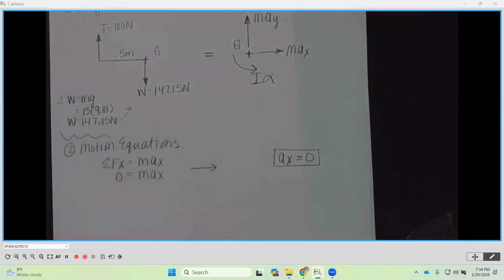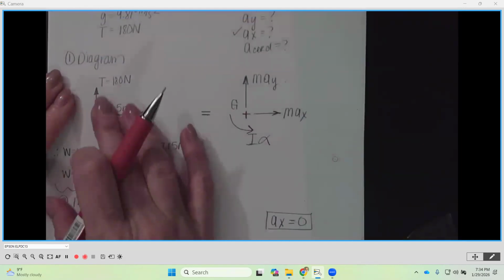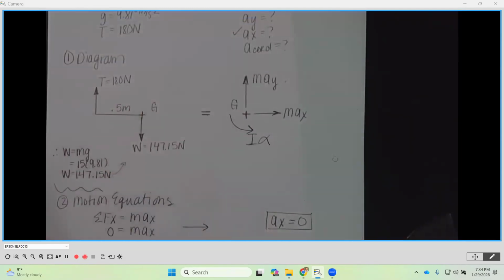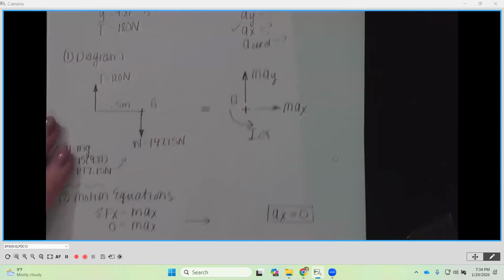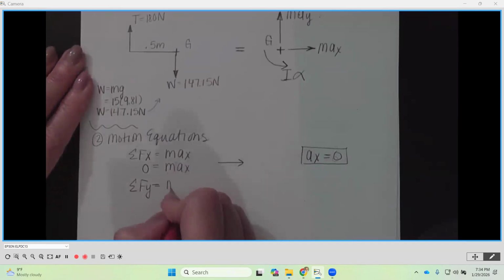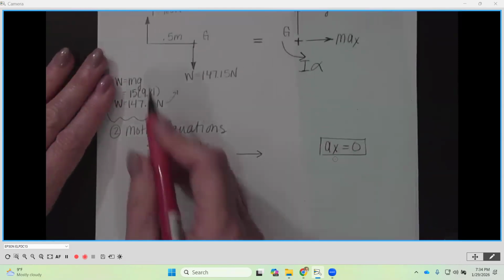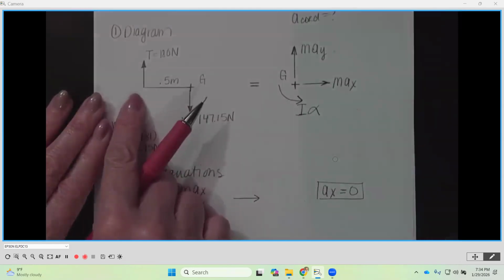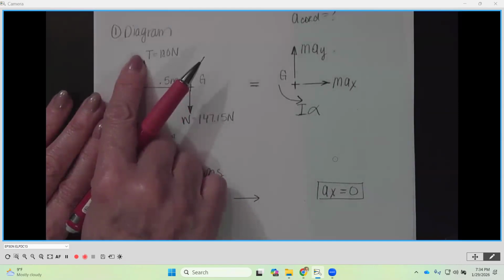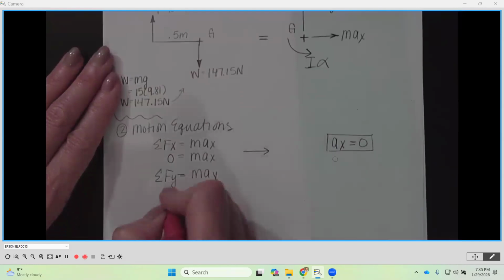Now we're going to do that same thing in the y direction. You'll notice that we have stuff going on in the y, so we're probably going to see something in that direction. So the sum of the forces in the y is going to be equal to mass times acceleration in the y. Forces in the y: we've got a positive 180 and a negative 147.15.